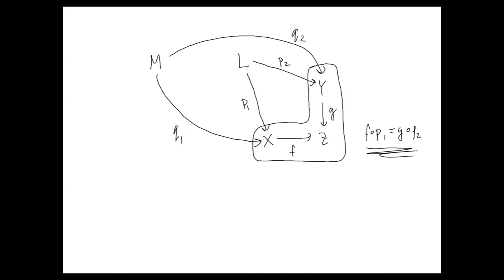Again, we drop the middle one from M to Z, because if it's a cone over the diagram, then the middle one can be computed in terms of Q1 and Q2 by composing F or G with one or the other. So if there is another cone, then there must exist a unique H.